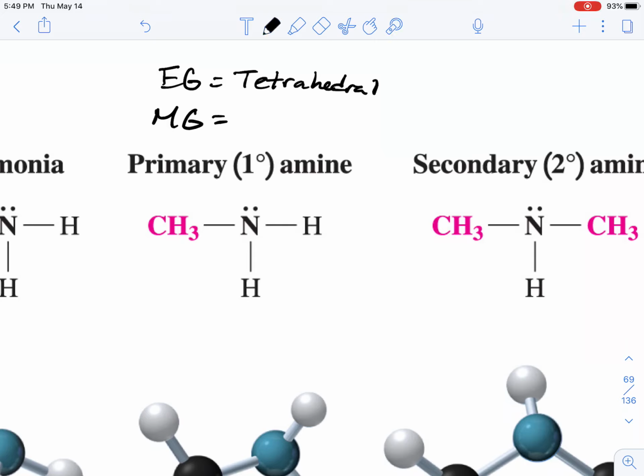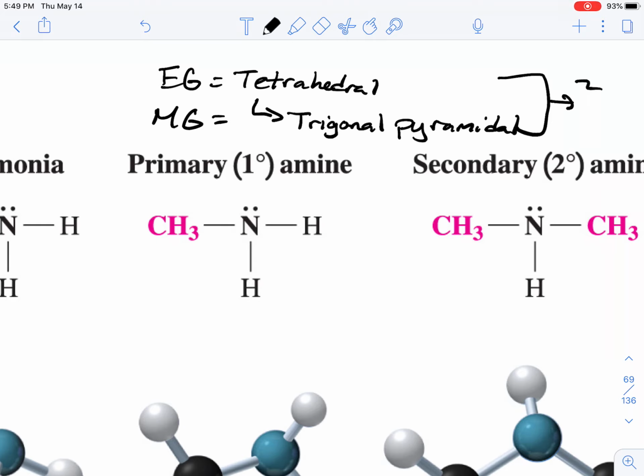And so that's going to inform us that the shape is going to be tetrahedral, but more specifically, it's going to be trigonal pyramidal. And so overall, the geometry for tetrahedral and trigonal pyramidal is going to be approximately 109.5. So it mimics that of a carbon.